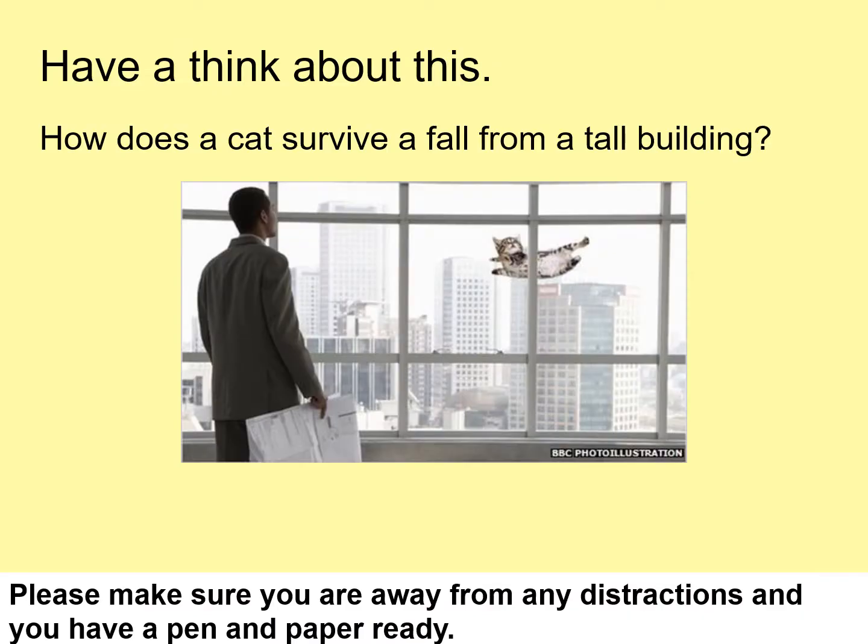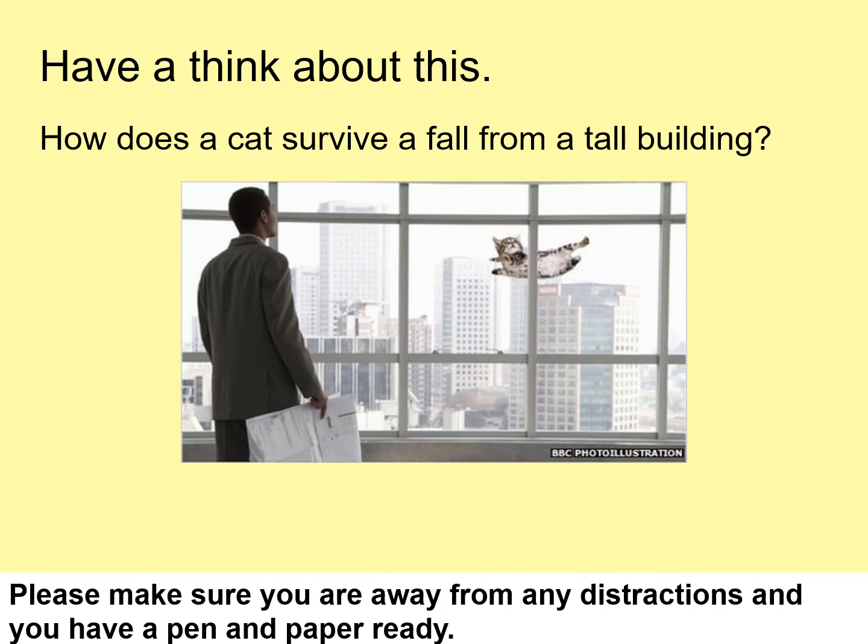So what I want you to do is make sure that you are well away from any distractions. Make sure you've got a pen and paper ready and have a think about this one. How come cats can jump out of really tall buildings like flats and things like that and they won't actually die, they will survive? How come that is? Why do they not end up splattered on the floor?